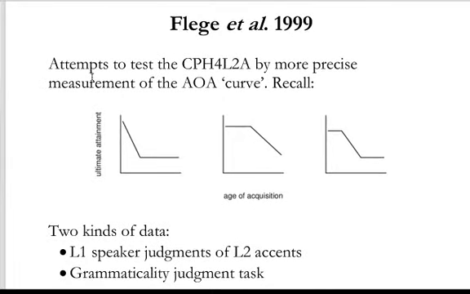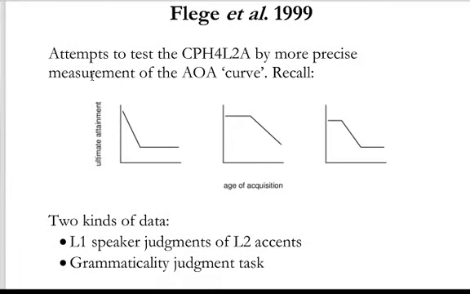This paper by Jim Flege and colleagues from 1999 is trying to test the critical period by more precise measurements of the age of acquisition or age of arrival curve, as well as looking at these confounds we noted earlier between attitudinal, motivational, sociocultural factors and age of acquisition.